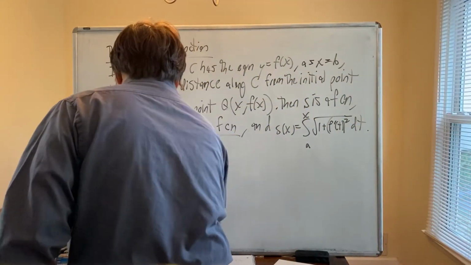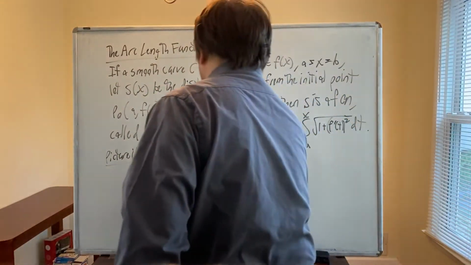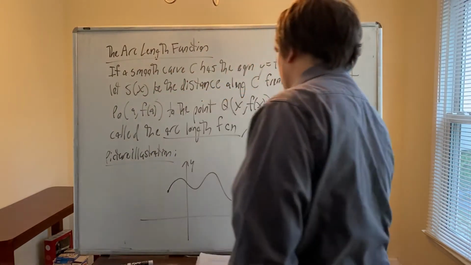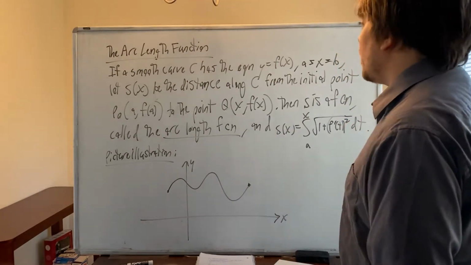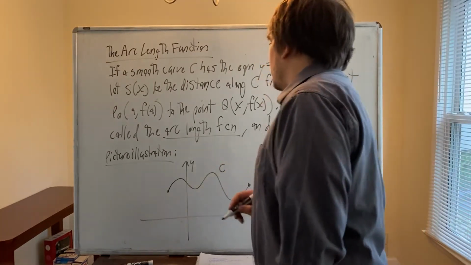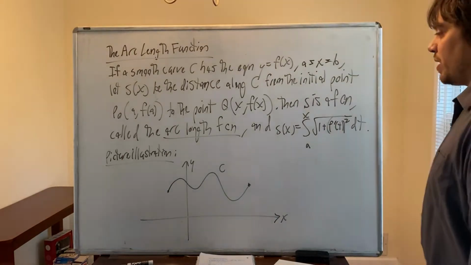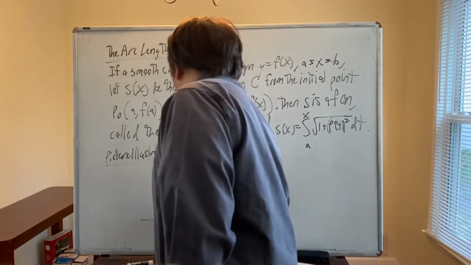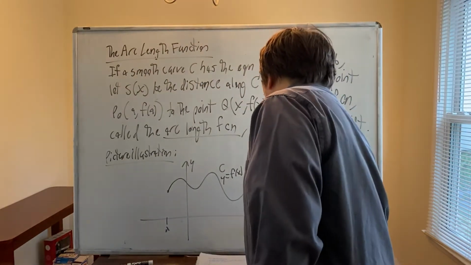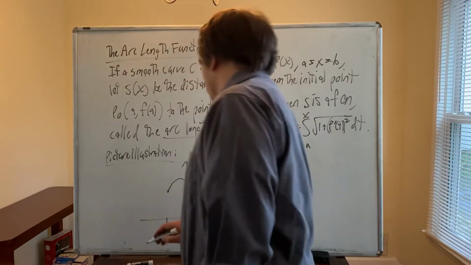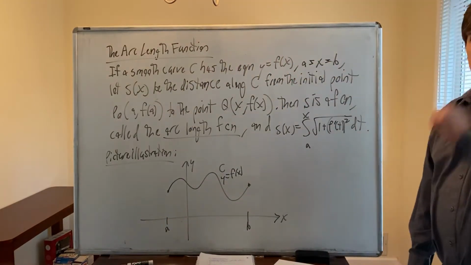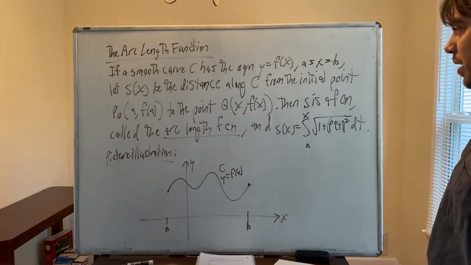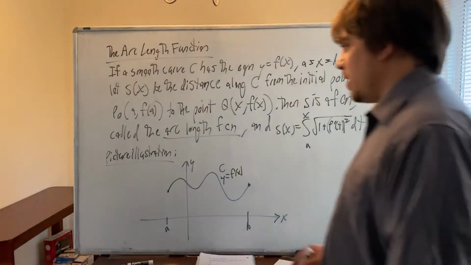The idea is this. I'm just going to draw a curve here. Okay, here's a curve. So this is a smooth curve capital C, with the equation y equals f of x, from x equals A to x equals B. Let S of x be the distance along C from the initial point P naught, which is at (A, f of A).